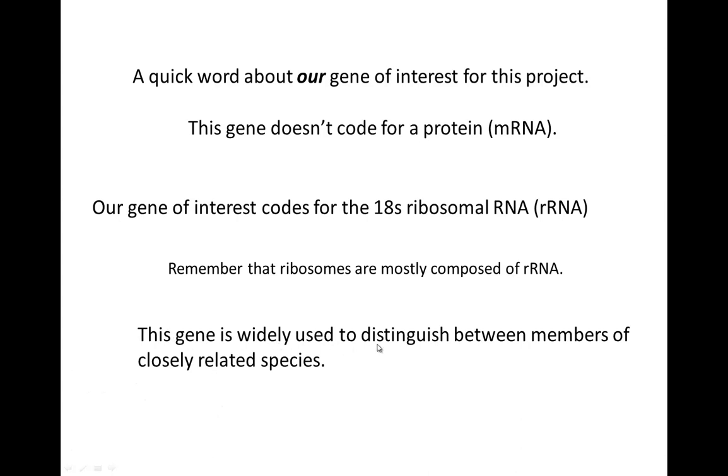We use this particular gene very commonly to distinguish between members of closely related species, for a couple of reasons. Number one, every living cell has ribosomes. Why? Because ribosomes are what make proteins, and proteins are needed for every chemical reaction of life.